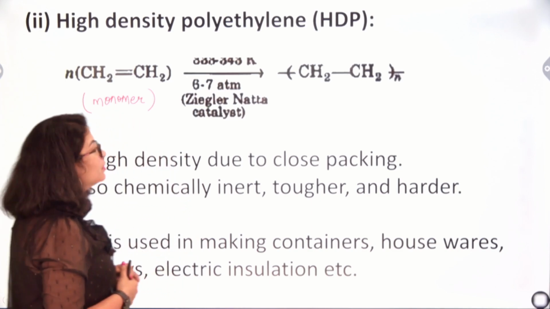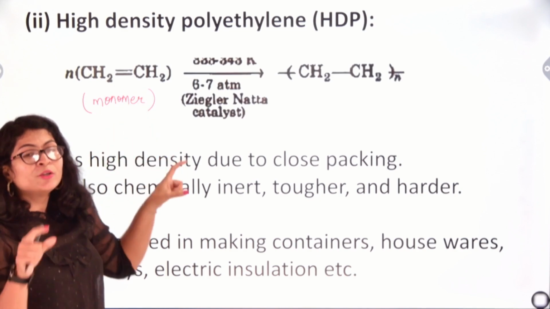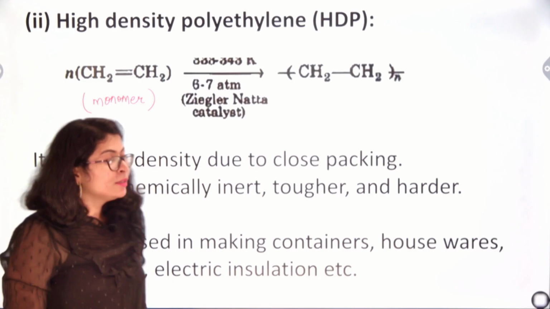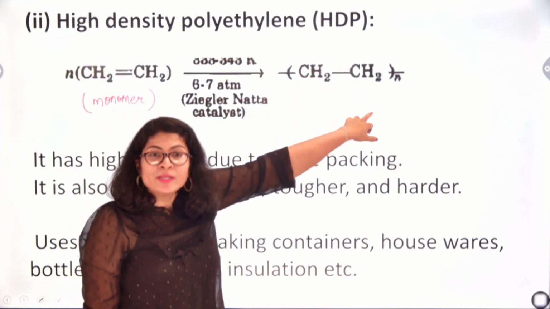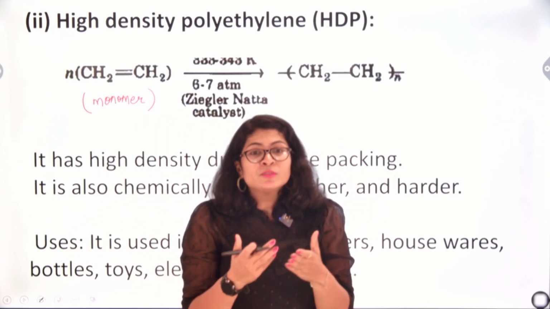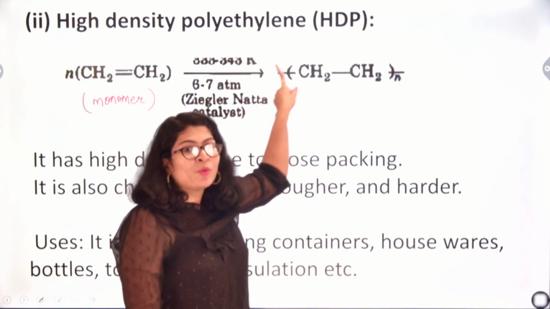So here the monomeric unit is ethene. When n number of ethene molecules are joined end to end, they form a polymeric chain. We call it polyethene, right? Now, when these linear polymeric chains are placed very close to each other, the density increases, and hence we call it high density polyethylene.